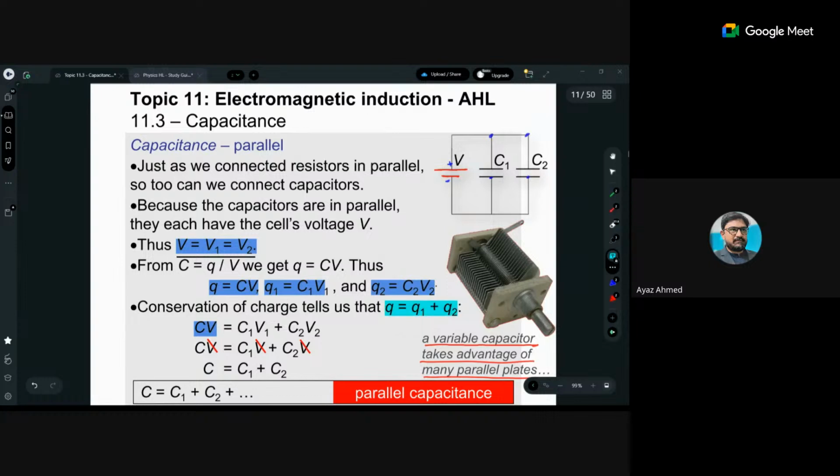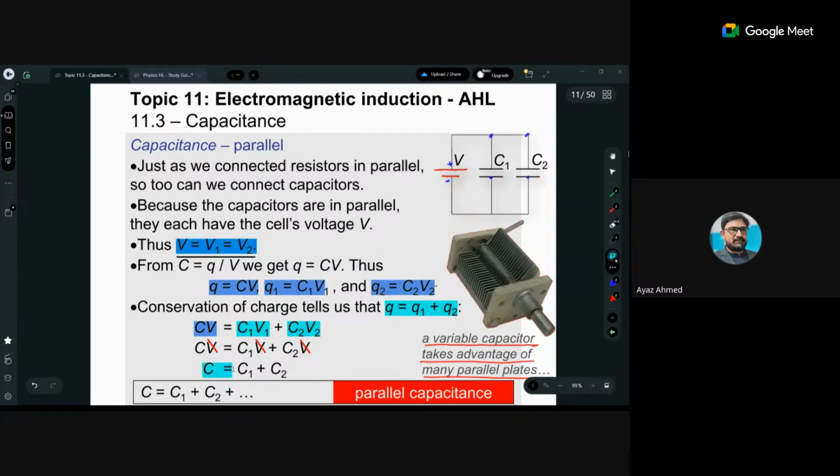Q is equal to Q1 plus Q2. So charge is distributed among the capacitors. The total charge is equal to the sum of the individual charges. You have to remember that. So Q is equal to CV, Q1 is equal to C1 V1, Q2 is equal to C2 V2, and as I told you, V is the same. So just keep V common and cancel it.